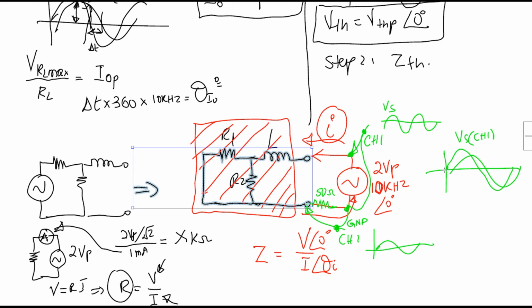If it's not phase shifted, if suddenly Vs and V channel 1 and V channel 2 are in phase, meaning phase shift equals 0, then we know exactly that whatever network is here, in terms of connection like series or parallel, all of the elements are resistive elements or resistors, because the resistor doesn't create any phase shift in our circuit.